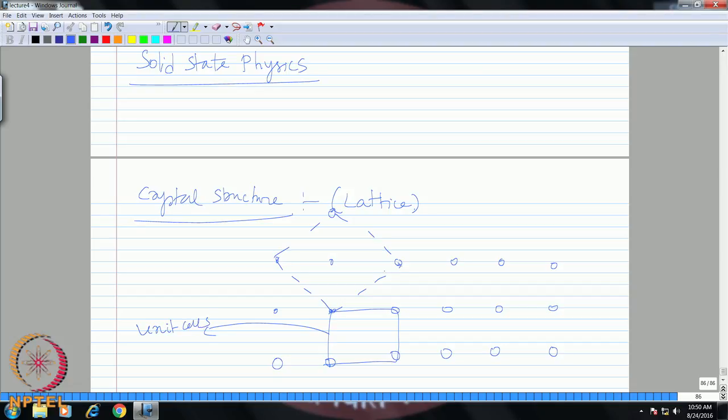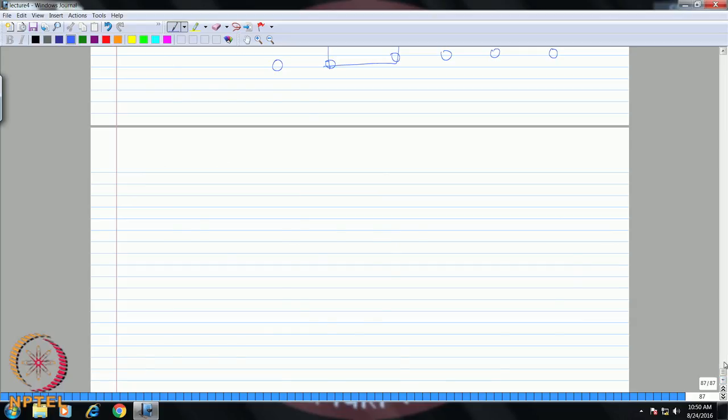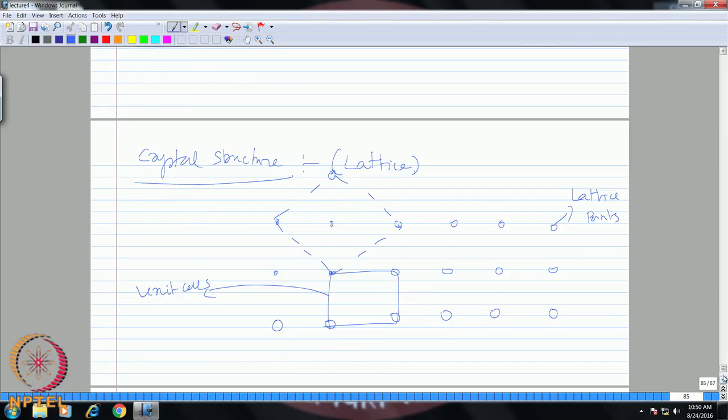Okay. So, these fixed points are called lattice points, and if you put the atoms onto these lattice points, this is called the basis. So, therefore, your crystal is nothing but lattice plus basis.